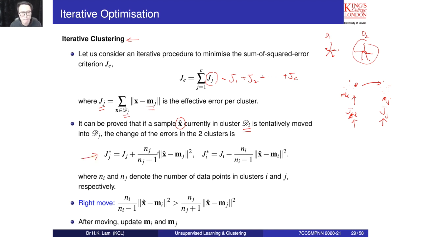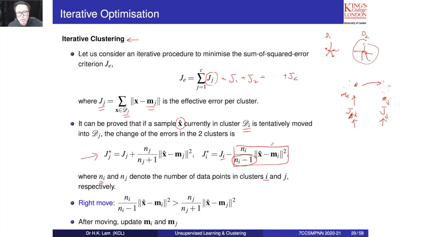Once we move one sample away from cluster i, we find the reduction of the cost involves ni, the number of samples in cluster i, because we move one sample away from cluster i, so the total number of samples goes from ni to ni minus 1.